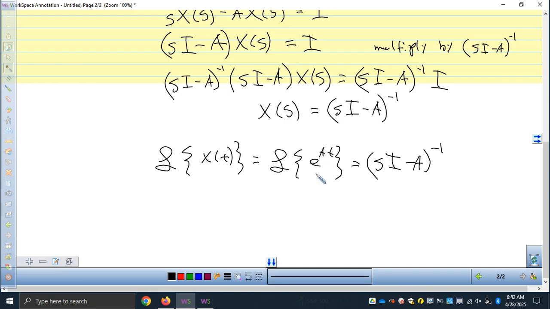So to find x(t), or to find e to the At, we're going to do the inverse transform of this. So e to the At, this thing we're trying to calculate, is the inverse transform of (sI minus A) inverse.